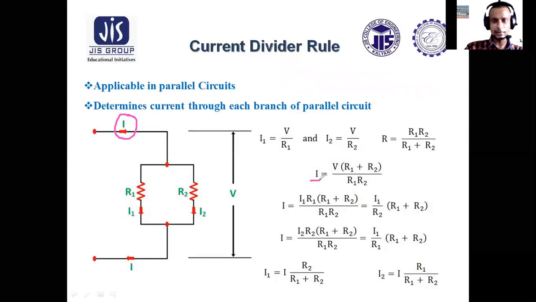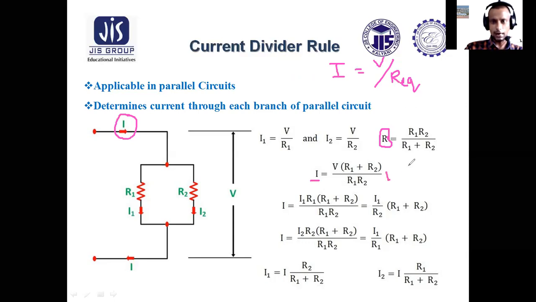So the total current I equals the total voltage V divided by R, where Req is denoted by R. Now, as R equals R1 R2 by R1 plus R2, I equals V by R1 R2 by R1 plus R2.